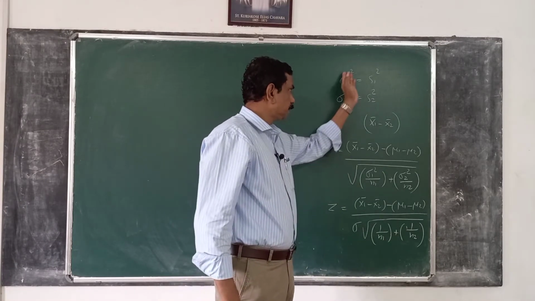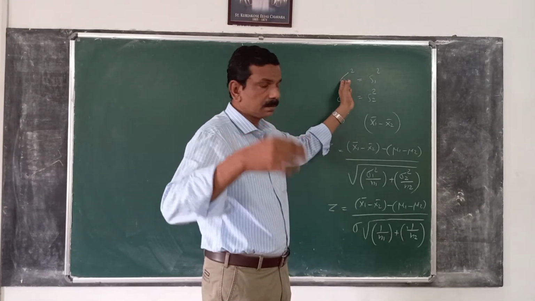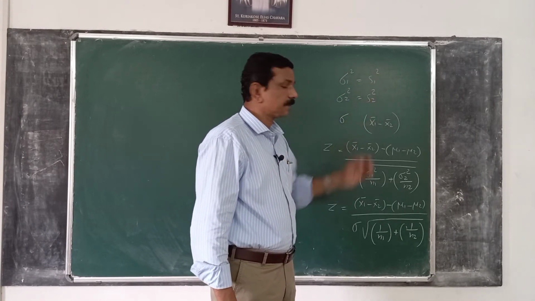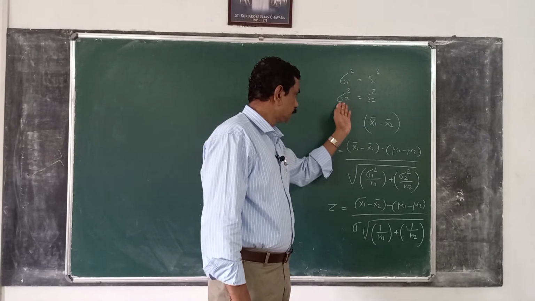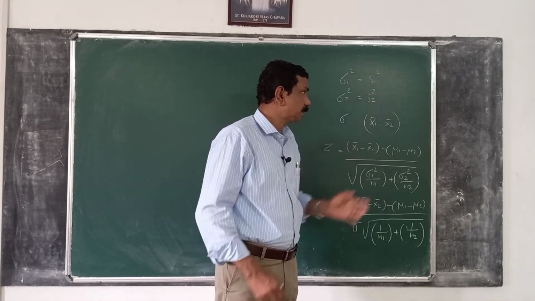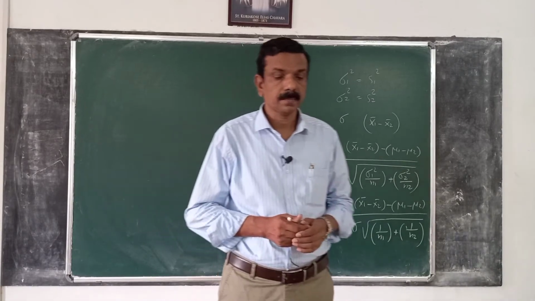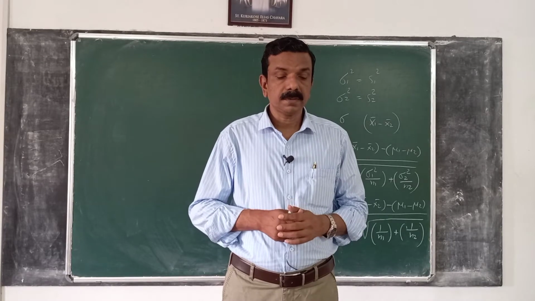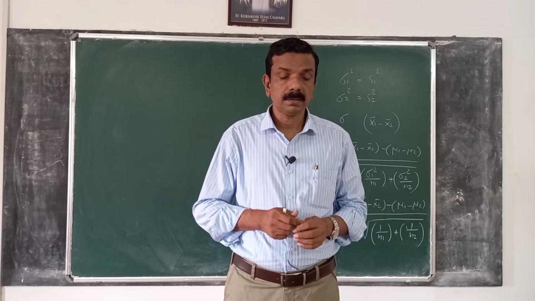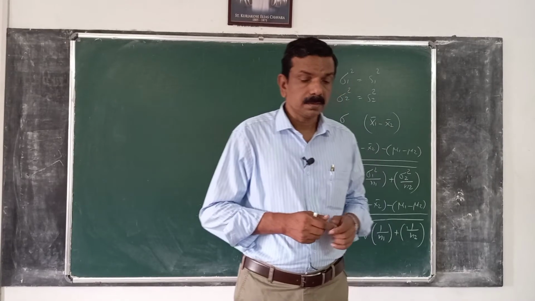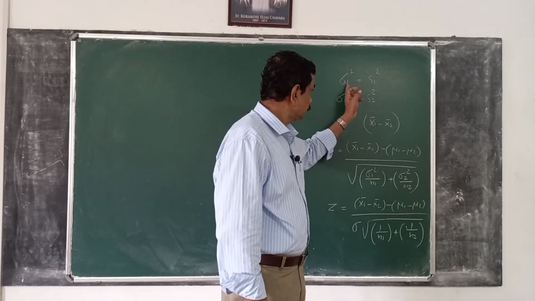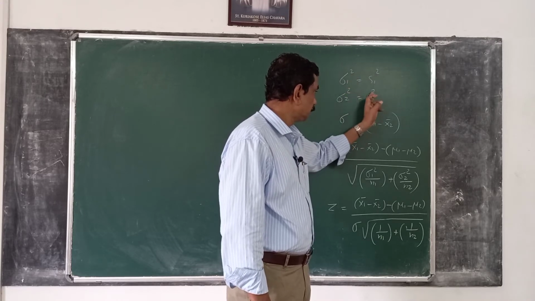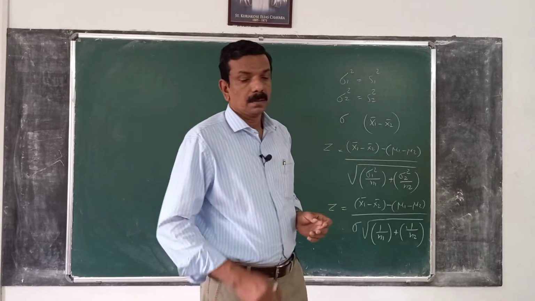That is, the population variance of the first population is estimated by its sample variance S1 square, and the population variance of the second population by its sample variance S2 square.